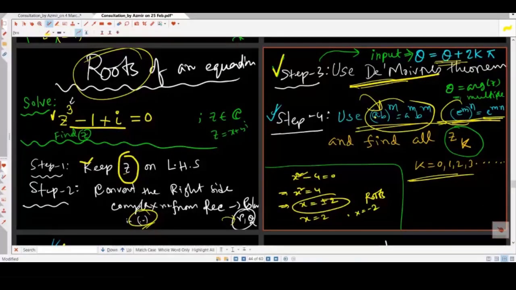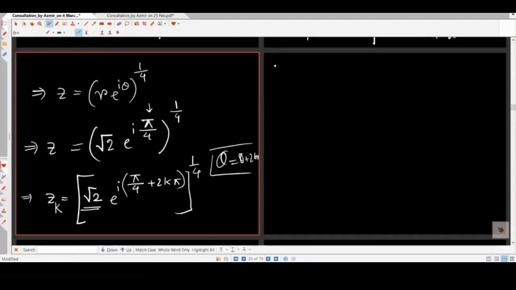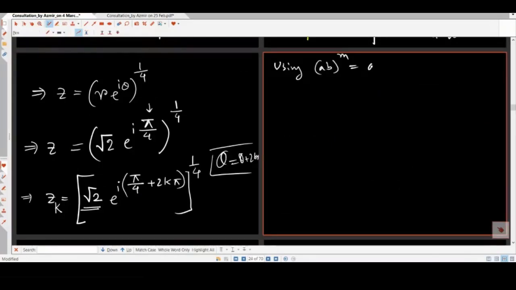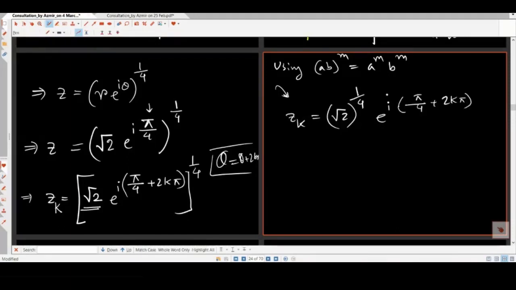This time we can apply the identity (ab) to the power m equals a to the power m times b to the power m. So now we can write zk equals root over 2 to the power 1 over 4 with e to the power i (pi over 4 plus 2k pi) with power 1 over 4.